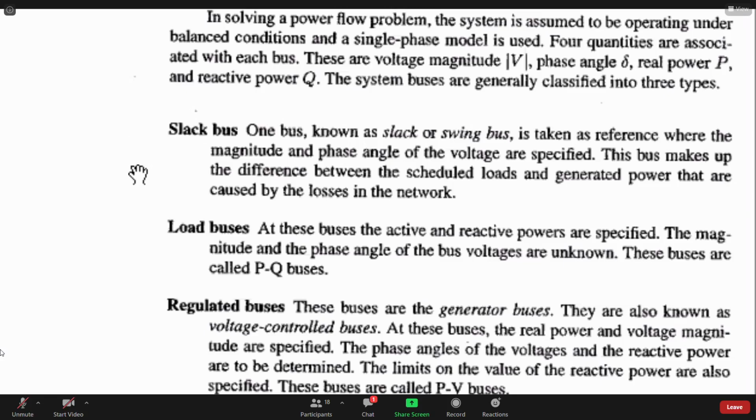Those are the bus categories: slack bus, load bus, regulated bus. And all the buses must have how many parameters? If we select the slack bus, which information will be there for the slack bus?